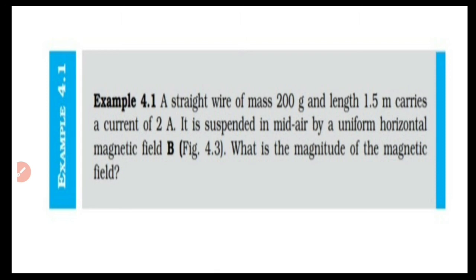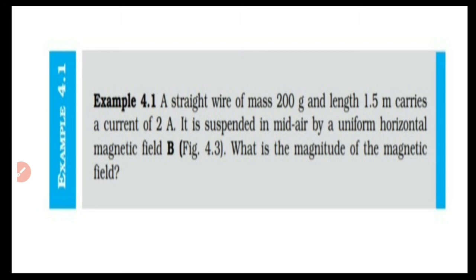By the suitable application of magnetic field in proper direction, we are making sure that the wire is under the action of an upward force, and when the upward force and the weight become equal, the wire becomes freely suspended in mid-air.